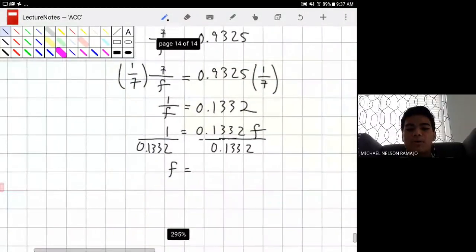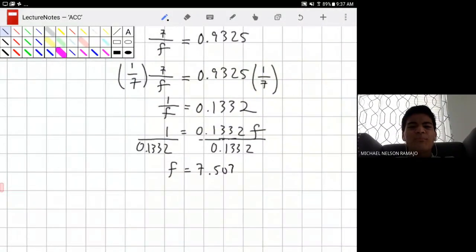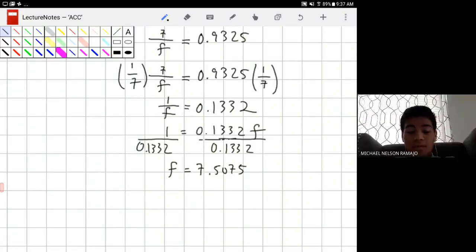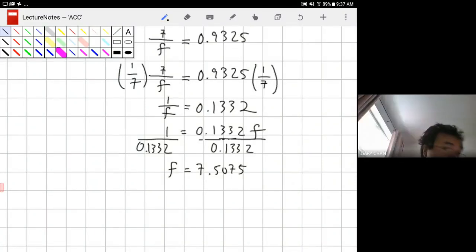Can we put 7.51? And what are we supposed to round our answer to? Nearest hundredth. Okay, so what would that be then? 7.51. That's it. So let's enter that in.